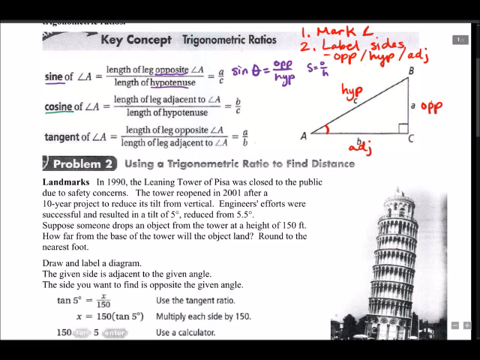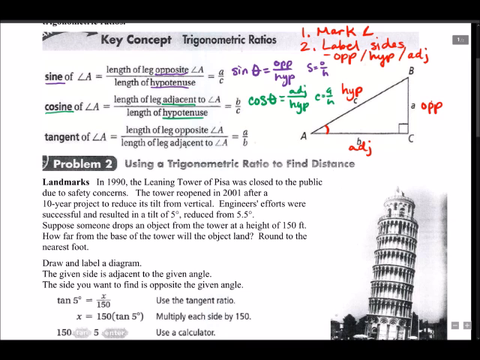The cosine of angle A is the length of the leg adjacent to the angle over the length of the hypotenuse. So cosine theta equals adjacent over hypotenuse.